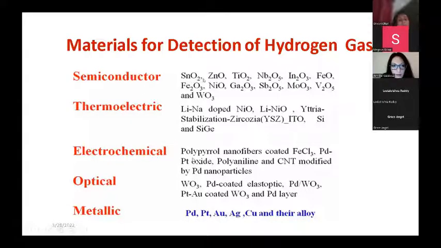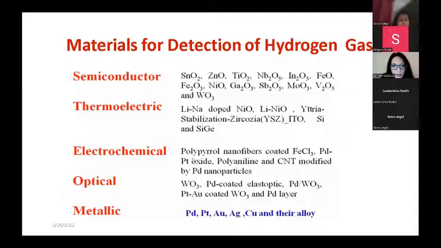But tin oxide works at a high temperature, approximately 150 to 200. So room temperature detection of hydrogen gas with these semiconductor materials is not possible. Another one is lithium doped and nickel oxide and some composites, but again they require high temperatures.